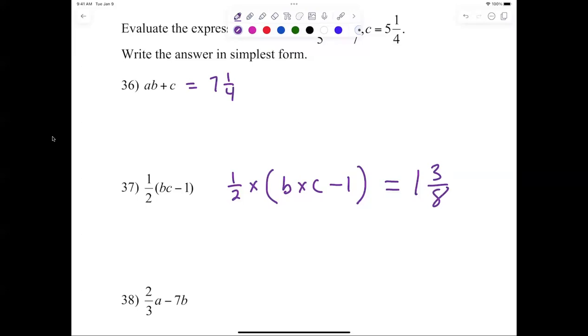That's what I'm saying. You got to do it on your calculator. Don't just put down 1 3/8. You got to make sure you know how to do it. So if you didn't get that, hit the clear button and go 1/2 times, then hit the open parentheses, then hit B times C minus 1, close parentheses, and then hit equal. And it should be 1 3/8.